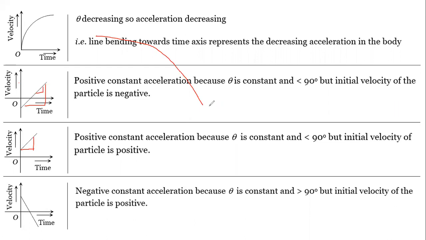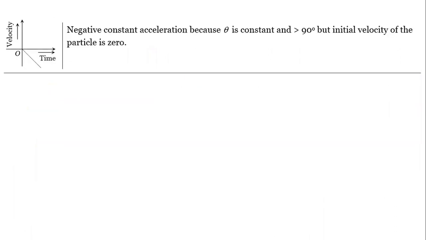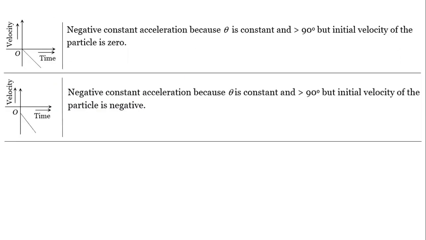Yeah, Devshri. Sir, can you go to the next slide, please? I have a doubt. Wait a minute, I'm just moving it. Tell me. Sir, for the second graph, can you give an example?